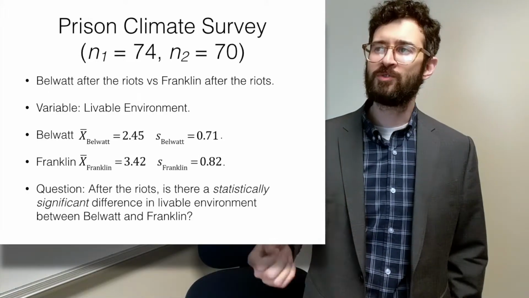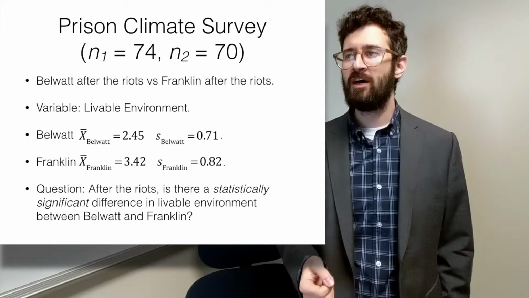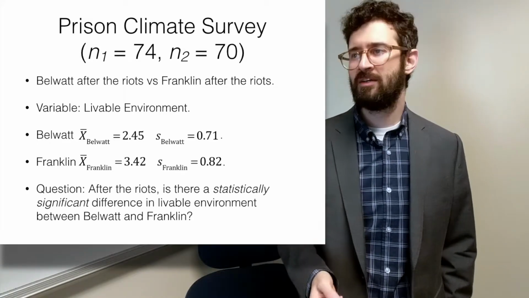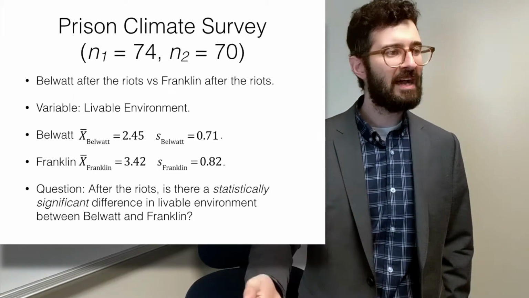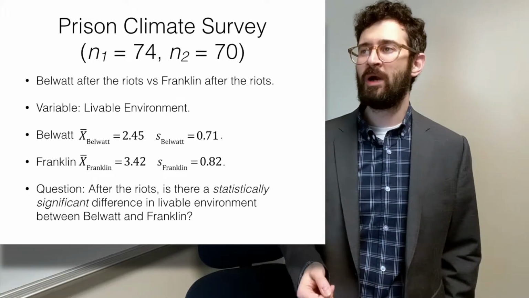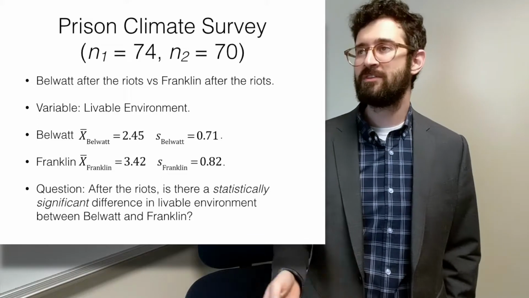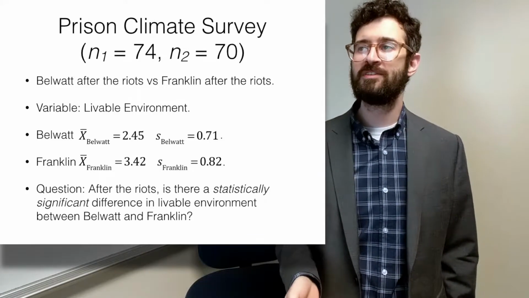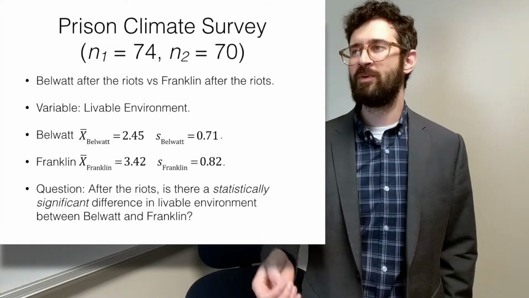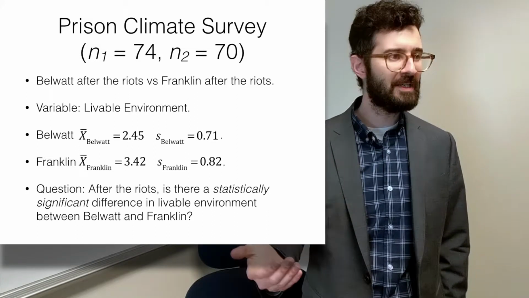So what we can do is we can go out and we can take a random sample from Belwatt of, say, inmates and staff. We can then go out to Franklin and take another random sample. So in this case, we took a random sample of 74 and a random sample of 70.